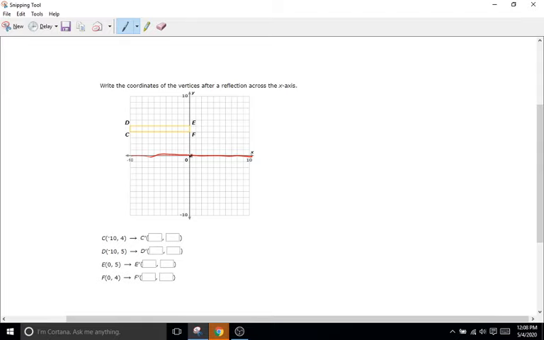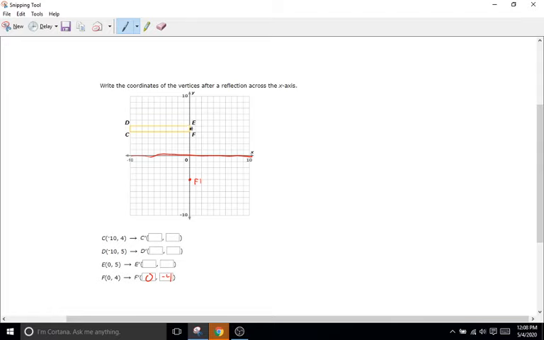And so its image, or F prime, is going to be 4 units away as well. So 1, 2, 3, 4. That's going to be F prime. Okay, and so what this problem wants is it wants us to write down the coordinates. So our coordinate looks like it's going to be 0, comma, negative 4. So this one's just going to be 0, comma, negative 4.